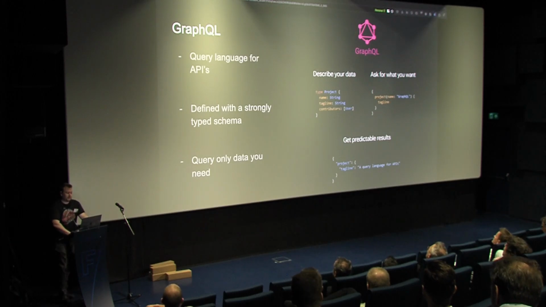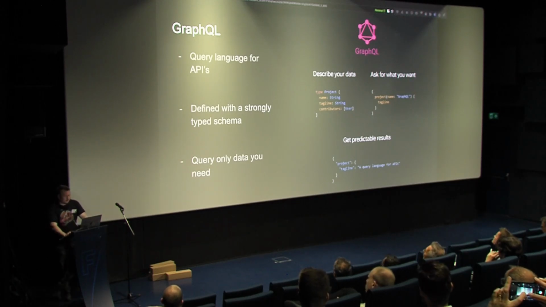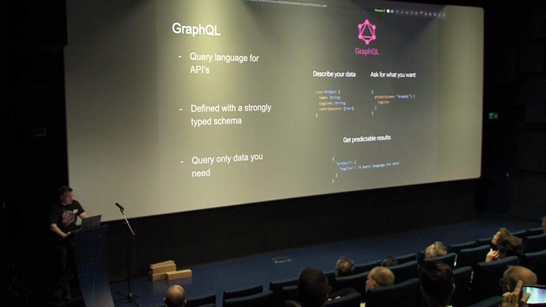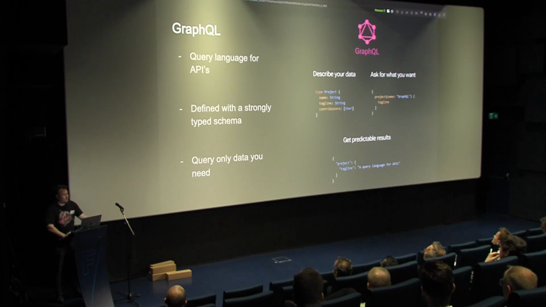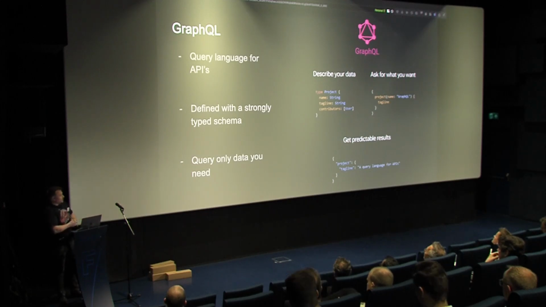The schema defines the data supplied by the GraphQL server endpoint, and front-end developers can just look at the schema and know what data is available. It's a strongly typed schema, so you also know more about the fields. Instead of having to look at the backend, or maybe an OpenAPI or Swagger documentation, you can just look at the schema.